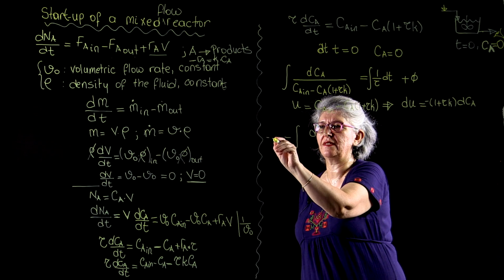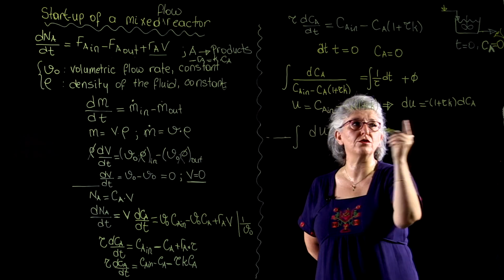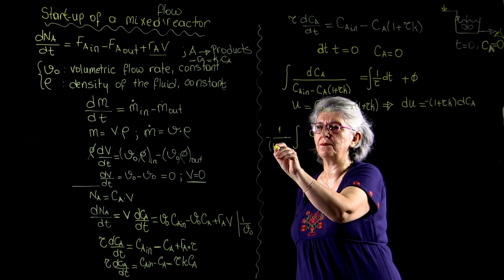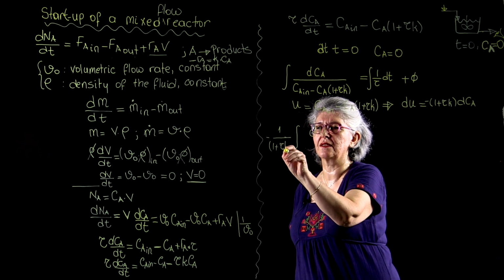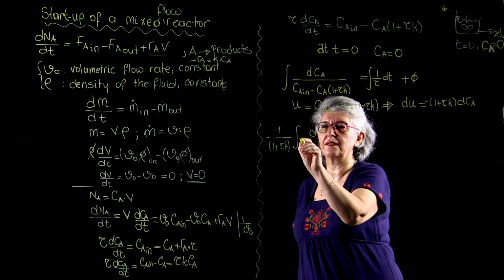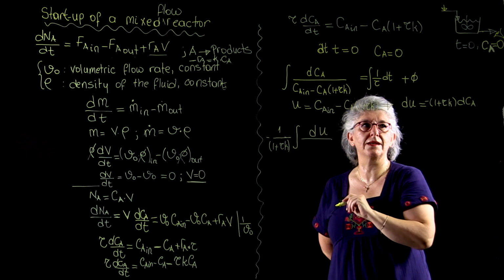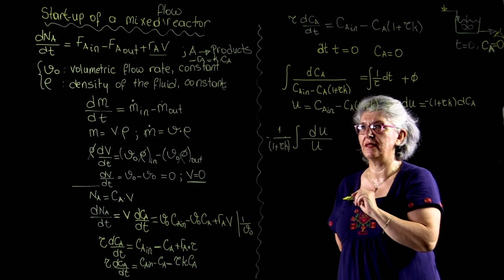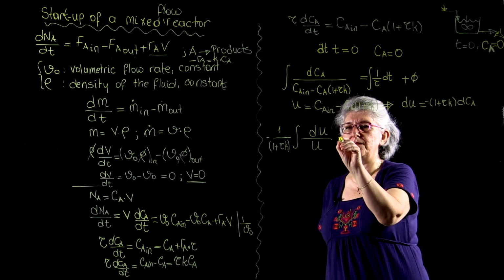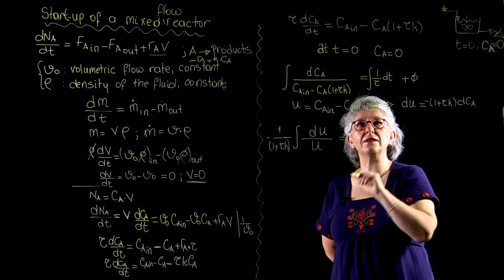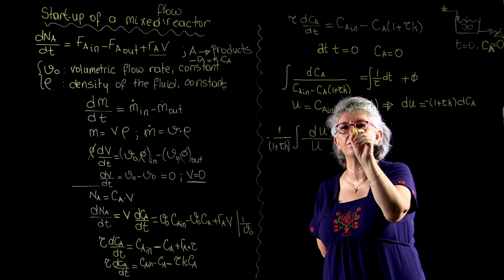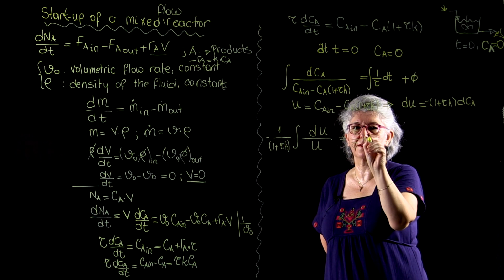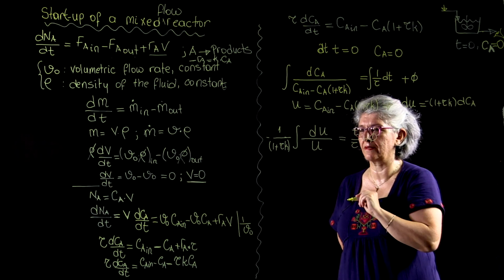Let me take those constants outside the integral: 1 over 1 plus tau k, divided by u. See, my integral has simplified. Let me carry out the integration on the other side. It is t over tau plus phi, the integration constant.